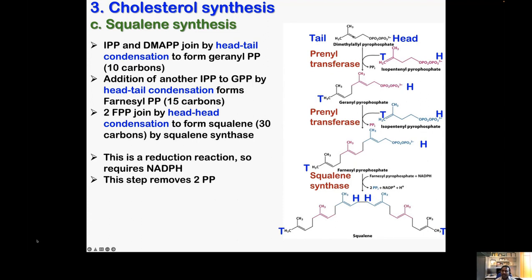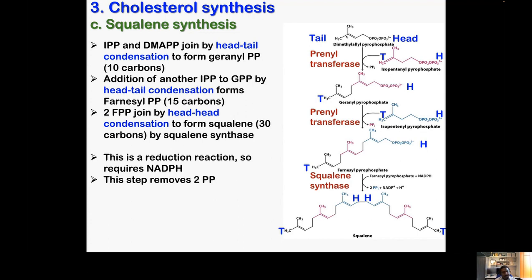So we are starting with the 5 carbon containing molecules, IPP and DMAPP. DMAPP is basically an isomer of IPP. Exactly the same molecule, just the double bond position will be different. Now head to tail condensation is happening first. So 2 of these molecules, IPP and DMAPP, are joining together to produce GPP. That's a 10 carbon containing molecule.